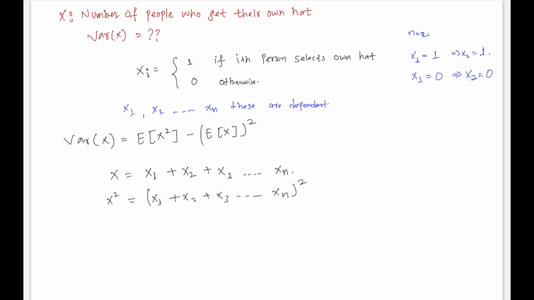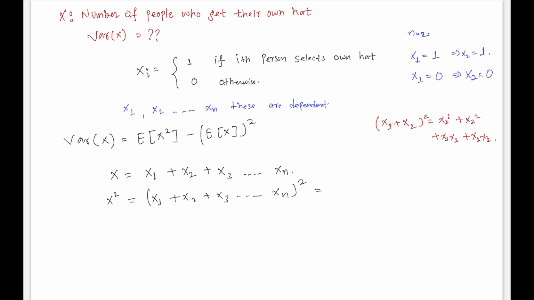the squares. If you are not getting the idea of how we can write this in general, you can simply take the smaller case, let's say x1 plus x2 whole square. That will be x1 square plus x2 square plus x1 x2 plus x1 x2, right?